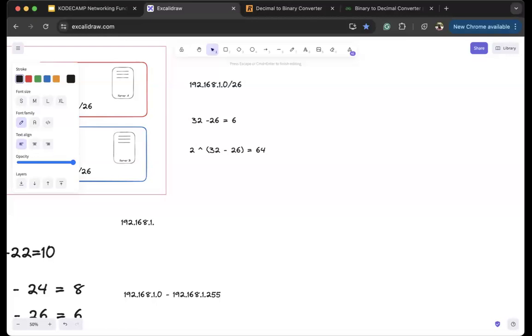We have 64 hosts that can be in this network, for instance.